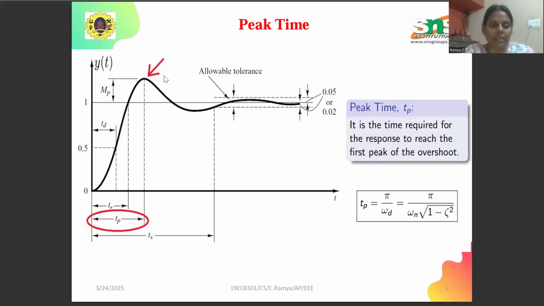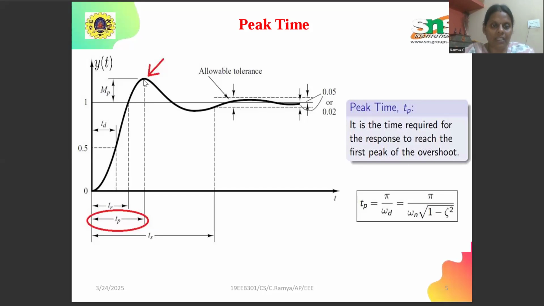Next one is the peak time. This is the peak value occurring in the curve, and the corresponding time we represent as TP, the peak time. It is the time required for the response to reach the first peak of the overshoot.